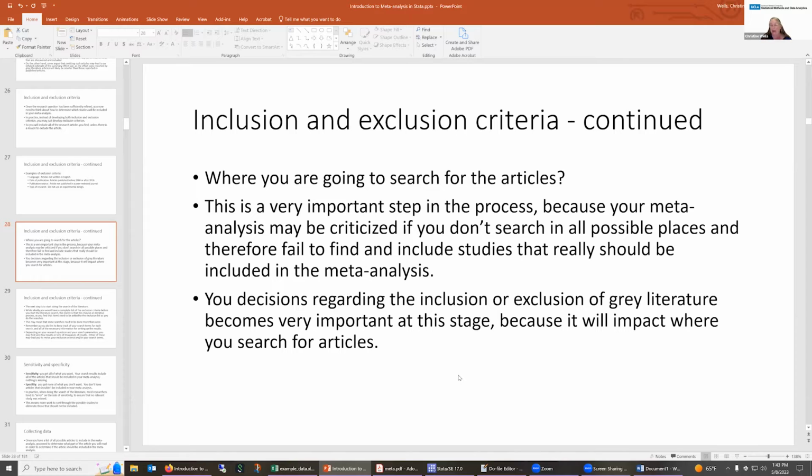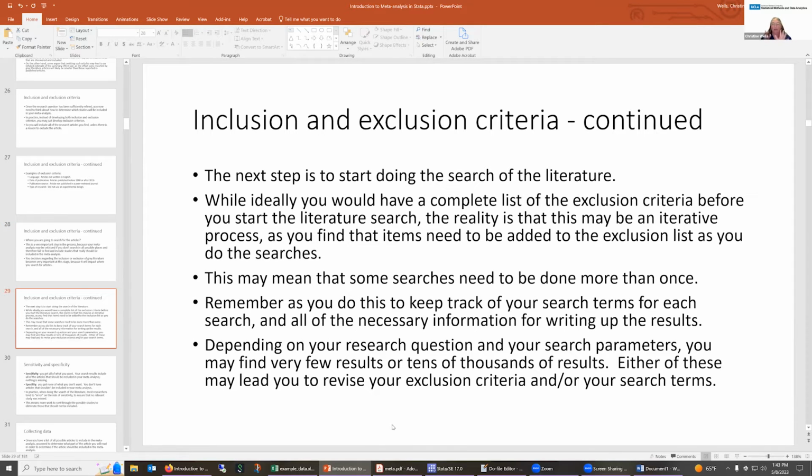We're going to come back to this topic when we talk about bias much later on in the workshop, because it's a little bit different depending on the resources available at your particular university or wherever you are doing the research from. And then, of course, the importance regarding inclusion or exclusion of the gray literature.